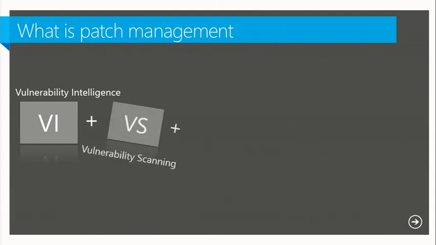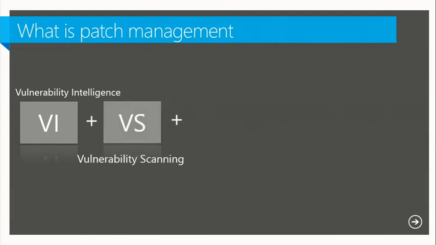In order to get that, we need to be able to scan for those vulnerabilities. Right out of the box, a Microsoft software update solution will scan for vulnerabilities, but only in your operating system. And the stuff we're dealing with today is all your third-party updates, and they're not part of that scan by default. Third, we also need to be able to create the patches.